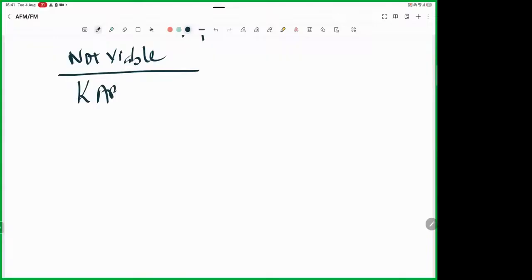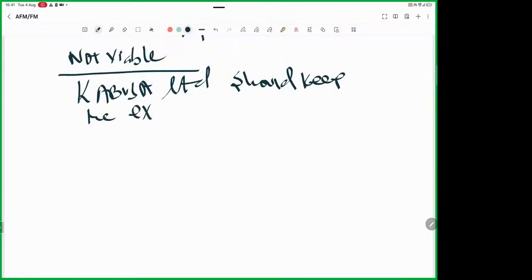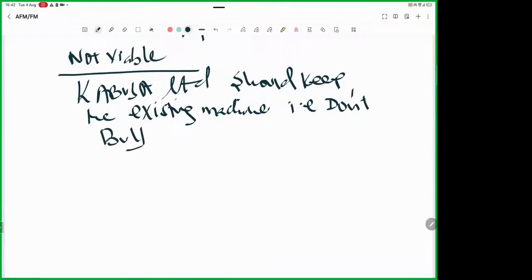Kapusa Limited should therefore keep the existing machine, i.e. do not buy the new one, and that is it. Not viable.